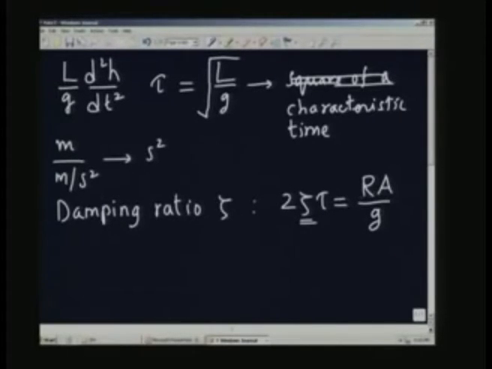Actually, if I substitute the values, you can see that zeta will come out to be R A divided by 2 square root of L G. R is the viscous resistance, A is the area of cross section of the tube, divided by 2 square root of L G, where L is the column length of the liquid and G is the acceleration due to gravity.